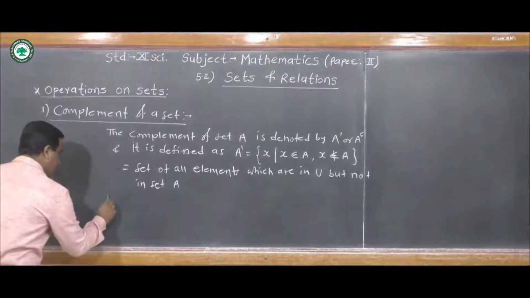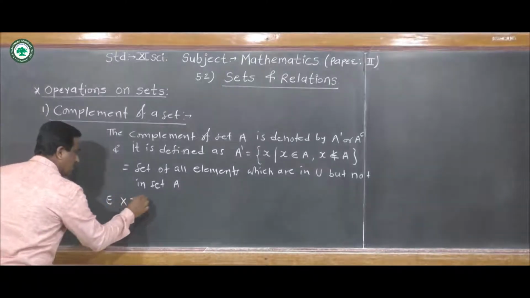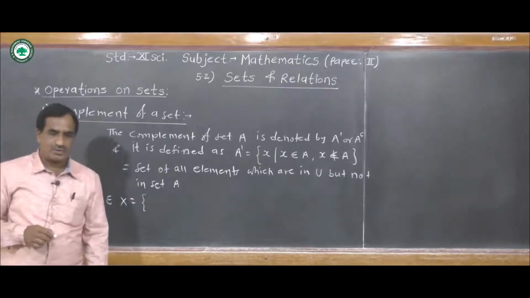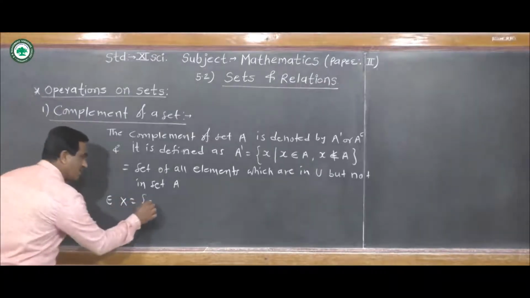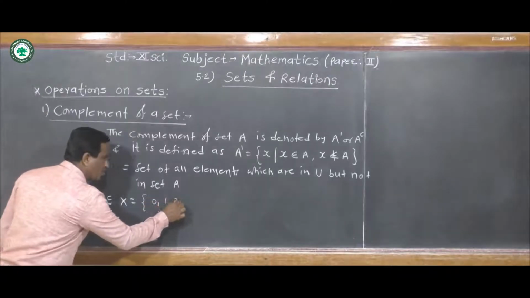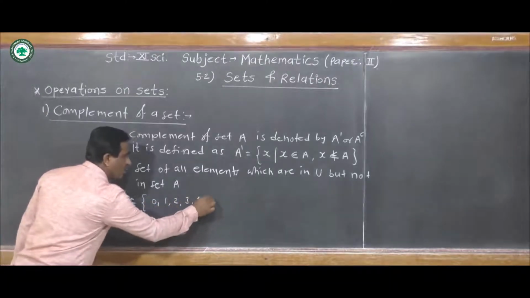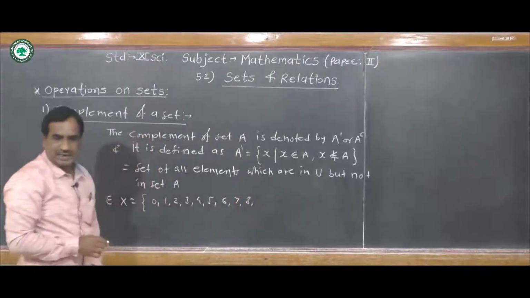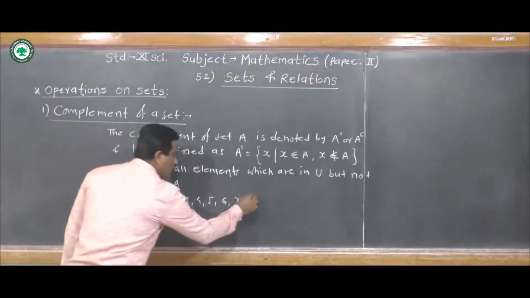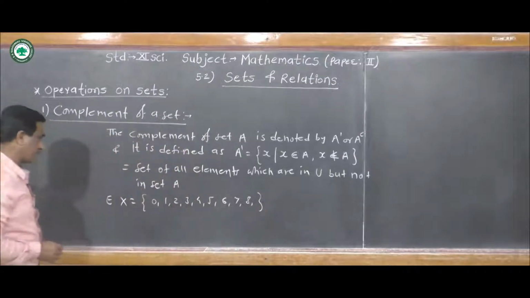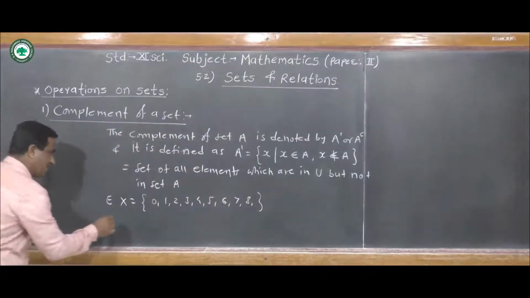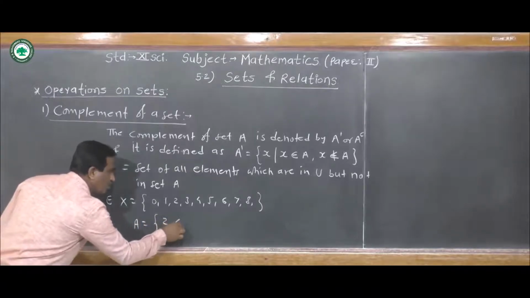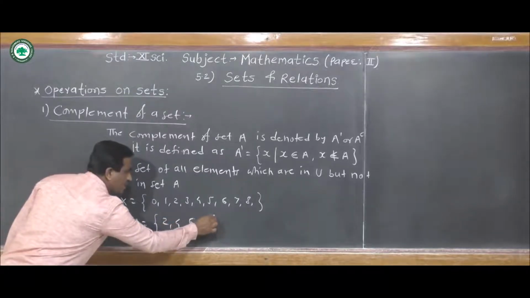First example is, consider universal set U is equal to, in curly bracket, elements 0, 1, 2, 3, 4, 5, 6, 7, 8, and last element is 8 only. Therefore, we have to write here set A, given that A is {2, 4, 6, 8}.